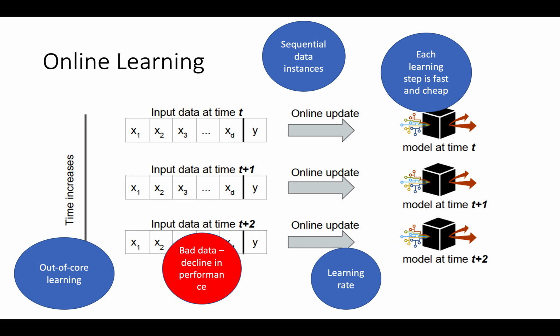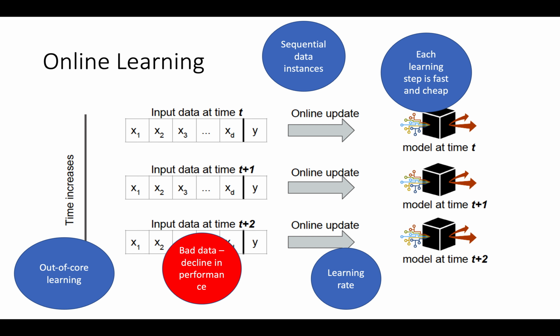To reduce these risks, you need to monitor your system closely and promptly switch learning off, probably reverting to the previous working state, if you detect a drop in performance. You may also want to monitor the input data and react to abnormal data. That could be done using anomaly detection algorithms.